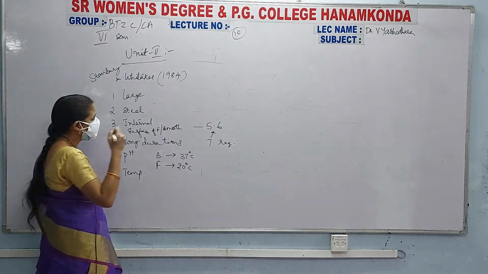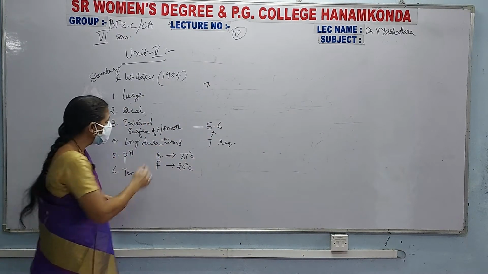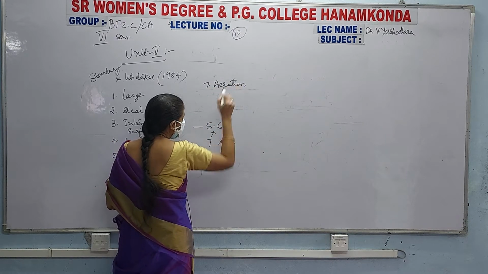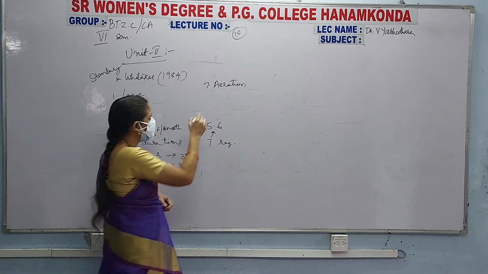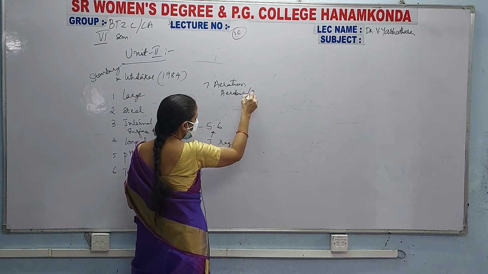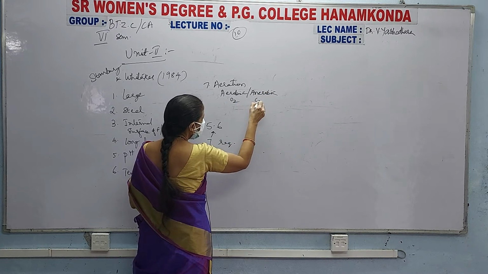Next, coming to the seventh point, see here. After this, aeration. See here, aeration. If it is aerobic or anaerobic fermentation, whatever it may be, here oxygen, here carbon dioxide.